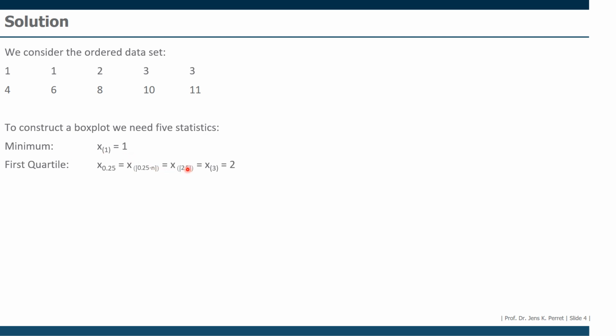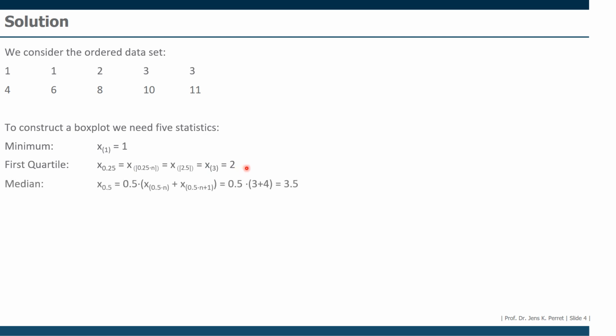It doesn't matter what's after the decimal point. I'm always going to round up if this is non-integer. So here I'm rounding up to 3. This means the first quartile, which is the lower part of the box, actually is given by the third observation, which here is 2. So my first quartile is 2.